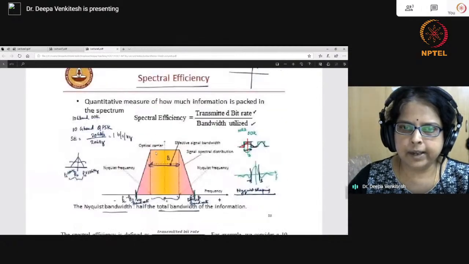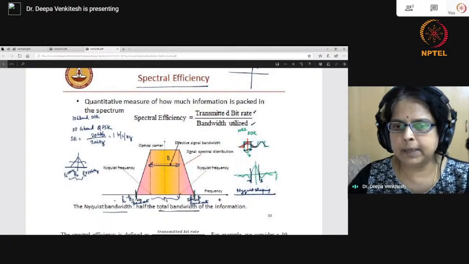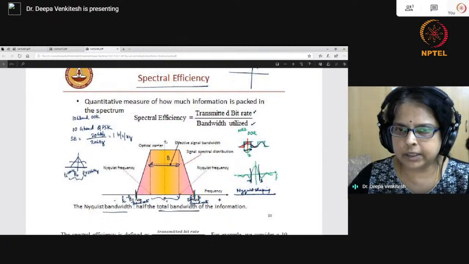You see, if I have an optical carrier, which is here, I hope you can see my arrow, and I'm modulating with a speed of, let's say, 10 gigabits per second, I will see that if I do a typical non-return to zero modulation, the way the spectrum fills is what I've shown here, right?